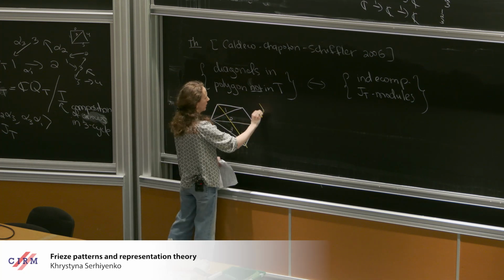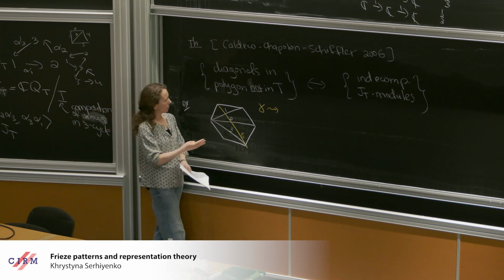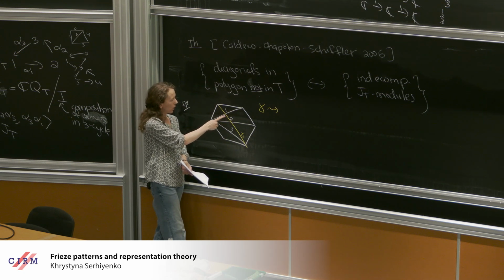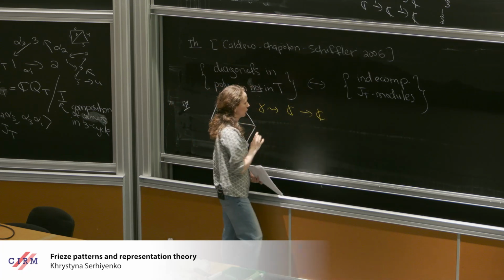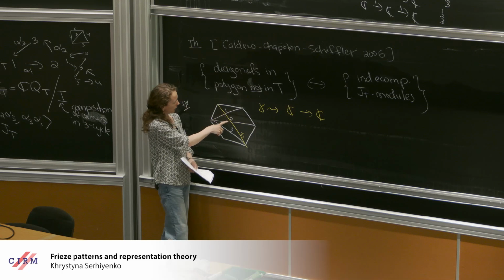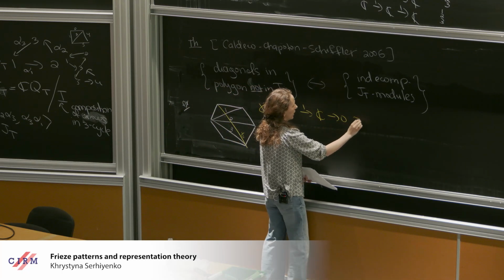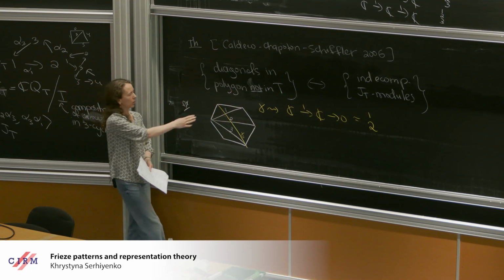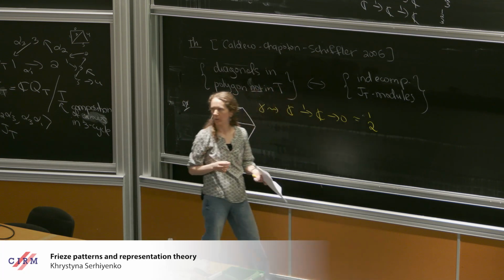What representation am I going to associate to gamma? You read the crossings of the arc gamma with the diagonals in the triangulation. It crosses 1 and 2. So I'm going to have a copy of C in position 1 and a copy of C in position 2. They are next to each other because they're in the same triangle, so that will be the identity map. In our notation, this is the quiver representation 1, 2.